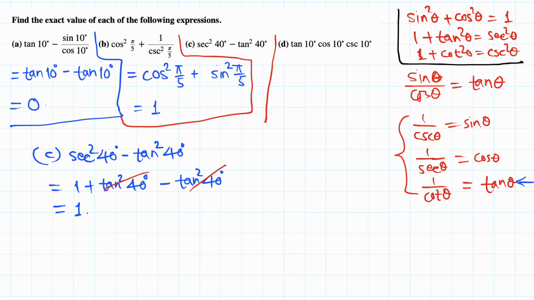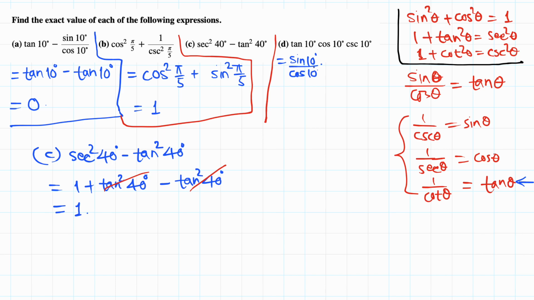But if you have 1 over cotangent, you need to convert it into tangent. To simplify, we go by sine over cosine. So tangent is sine of the angle over cosine of that angle. And we have cosine, that's good.